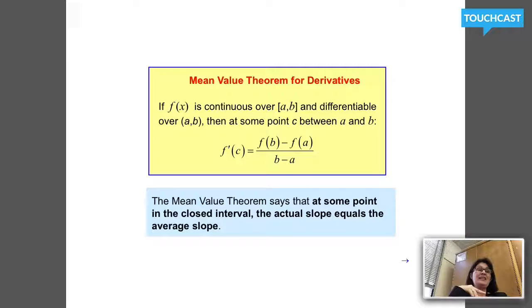C is also an input value, a domain value, an x value, and it has to be in between A and B. And if the hypotheses of this theorem are met, then we can conclude the mean value theorem is enough to prove that there's some C where f prime of C, the derivative of f at C, is equal to the average rate of change over the interval from A to B. All right, so look at this first problem.